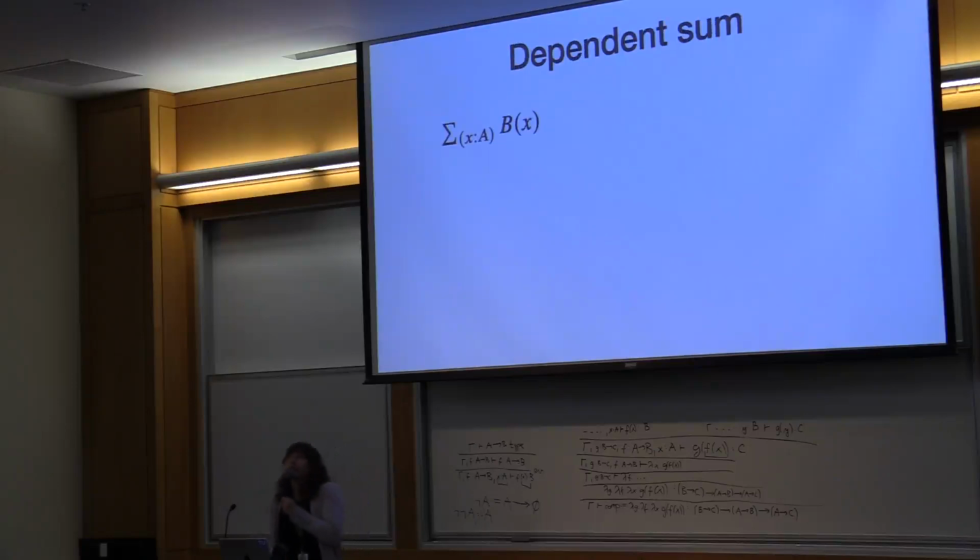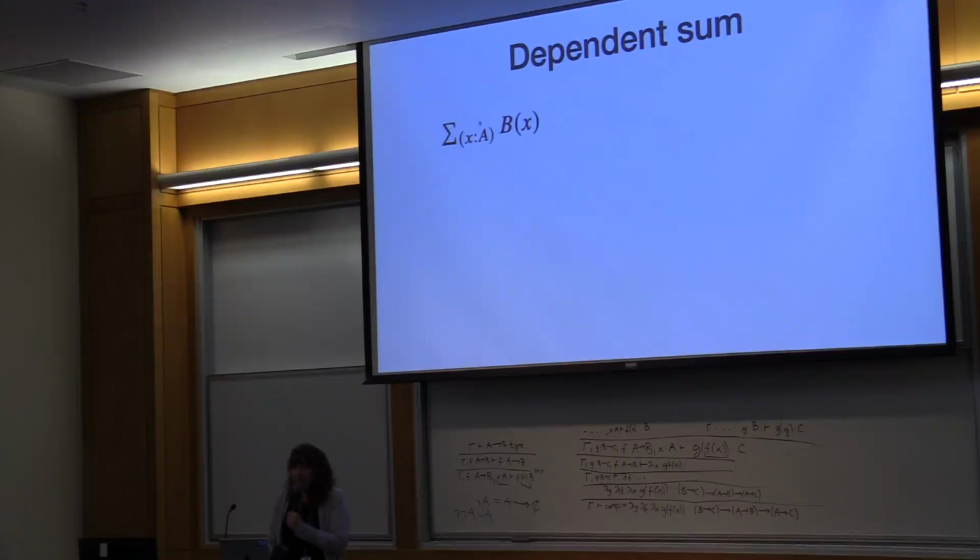So, the dependent sum. I'm not going to give you the rules here, I'm just going to cheat a little bit and give you the syntax, and then you can read and reimagine the rules. Dependent sums are in a way similar to dependent functions, in that it's actually a proper dependent type. We write them with a sigma. If I wrote pi here, it would look the same as dependent functions, but now it's a sigma.